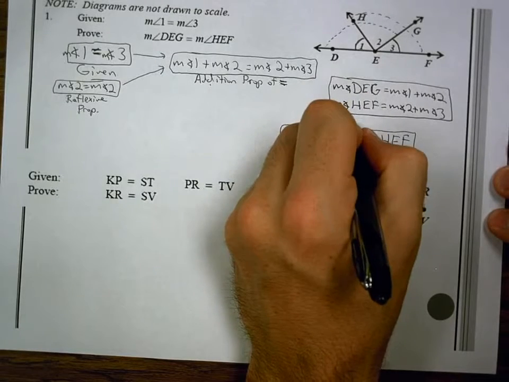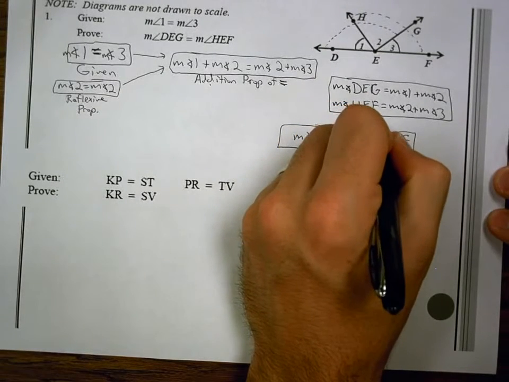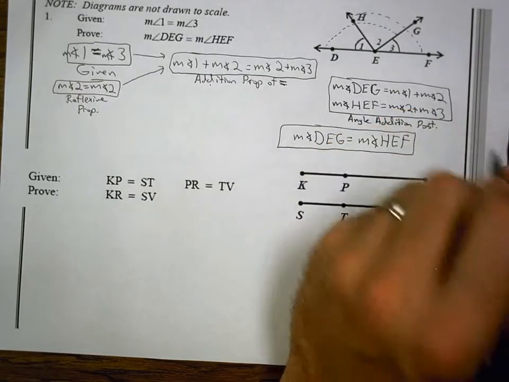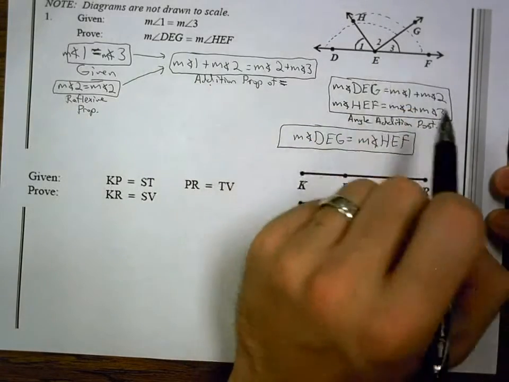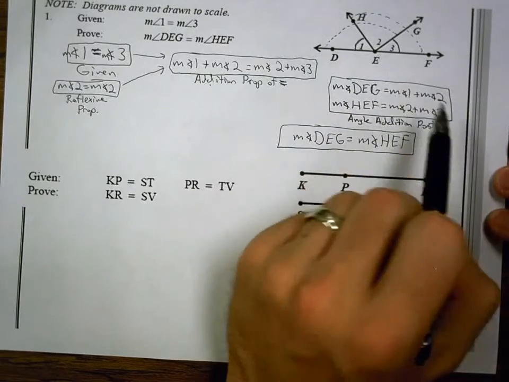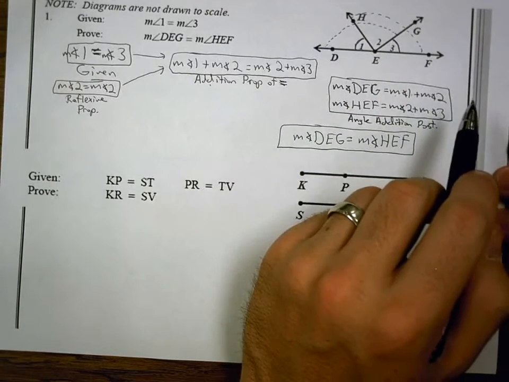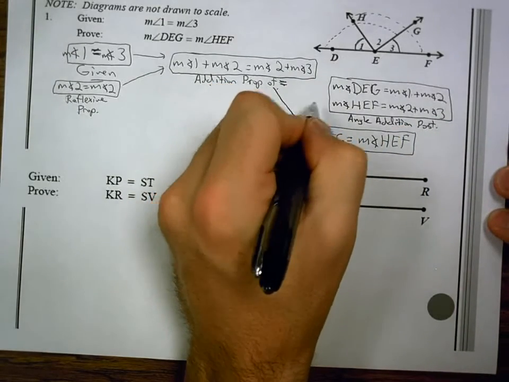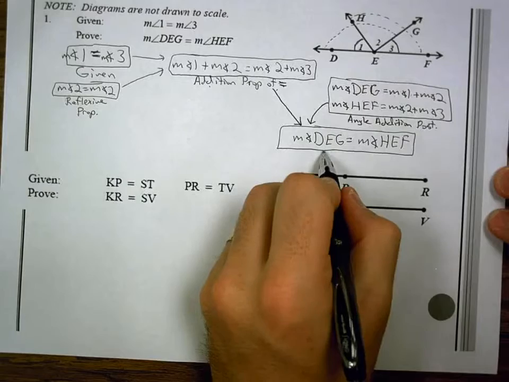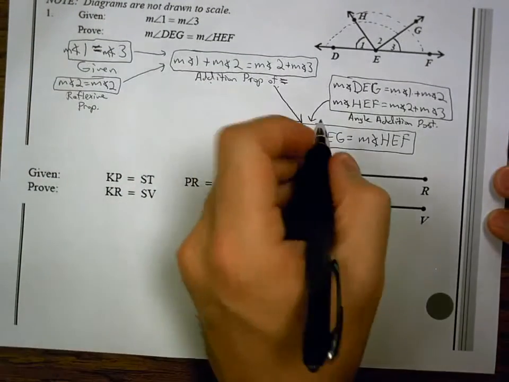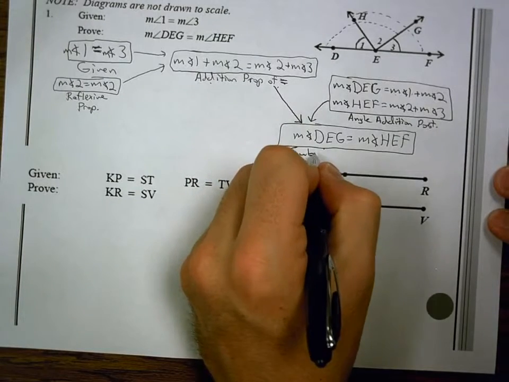It's actually the angle addition postulate. The angle addition postulate says the entire angle is equal to the sum of the parts, or I can add up the parts to equal the whole. So this is going to let me change this statement to rename it as the whole thing. And the reason I can do that is I'm just replacing it, or using substitution.